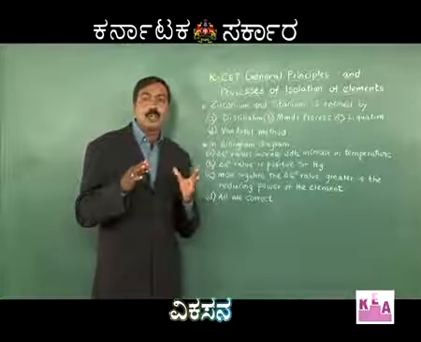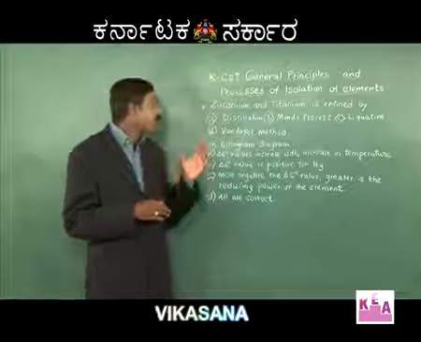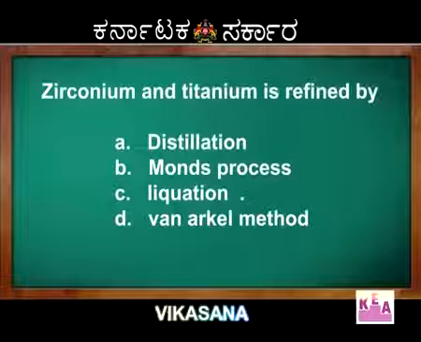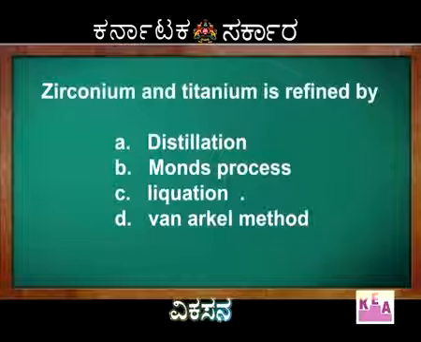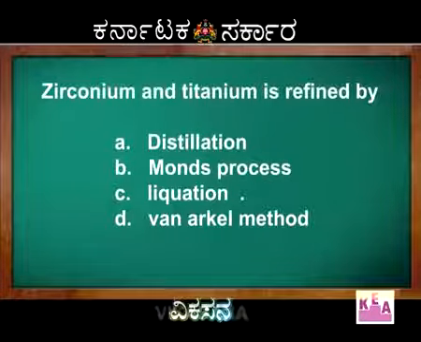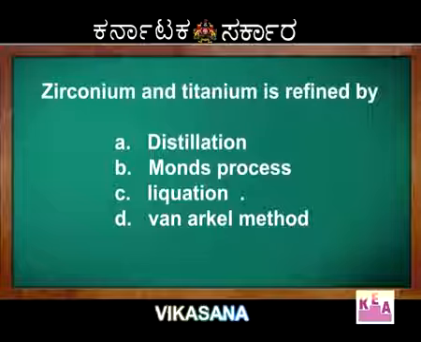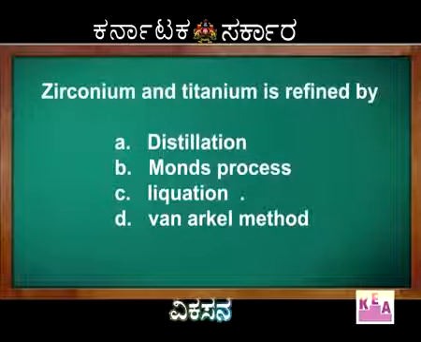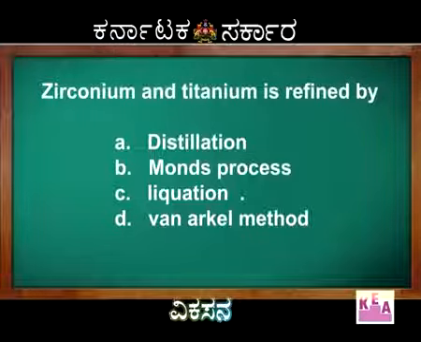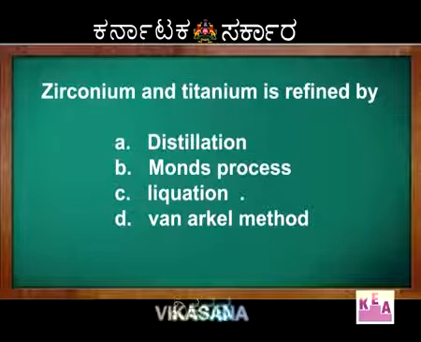If I happen to look into these, I would like to summarize. Mond's process is specifically used for refining nickel. Zirconium and titanium are refined by the Van Arkel methodology. Liquation is used to refine those metals whose melting temperature is lower than that of their impurity, for example bismuth and lead.